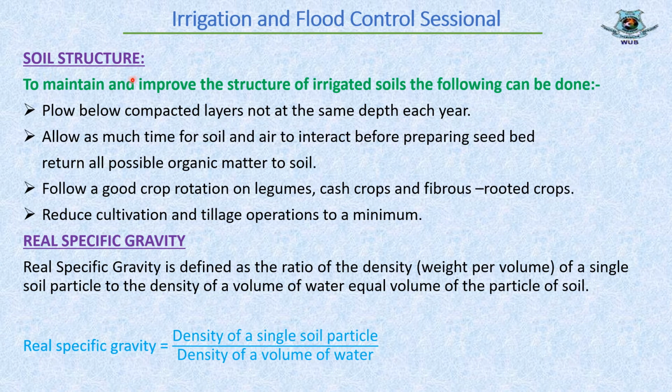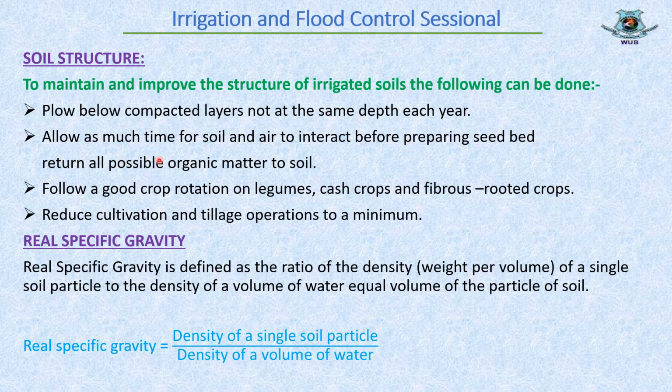Soil structure. Soil structure depends on the atomic bond of soil particles. And to maintain and improve the structure of irrigated soil, the following can be done. Number 1. Plow below the compacted layer, not at the same depth each year. If we do this, the vitamins and minerals of different layers will be used and there will be balanced nutrition in each layer.